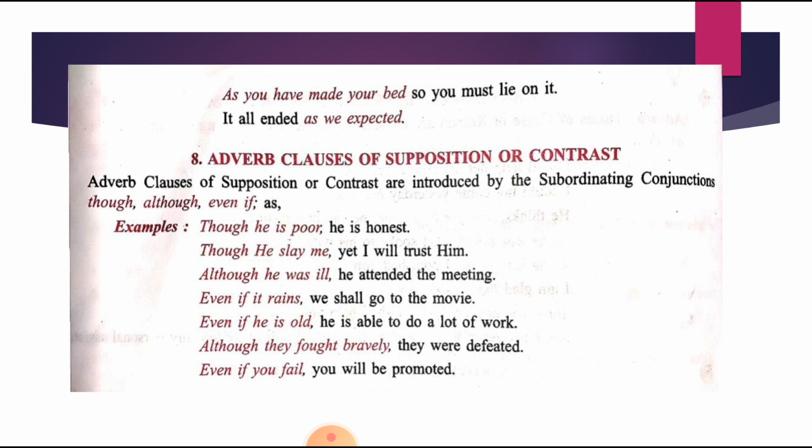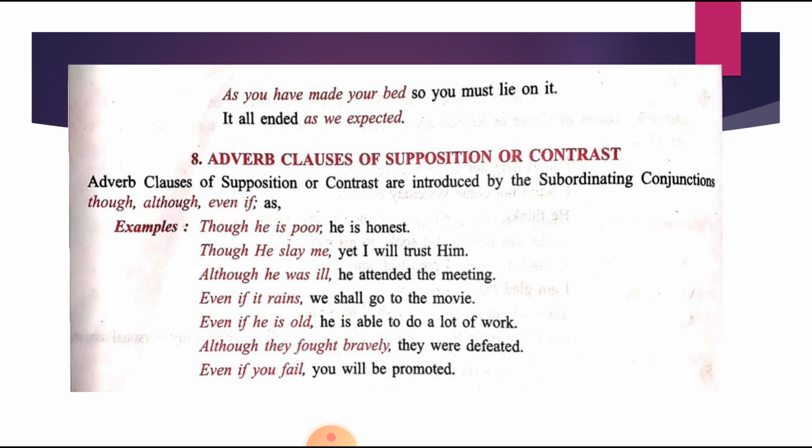I hope that you understood all the different types of adverb clauses of time, place, purpose, reason, and all the subordinating conjunctions used in them. In time, we use when, whenever, while, before, after, till.